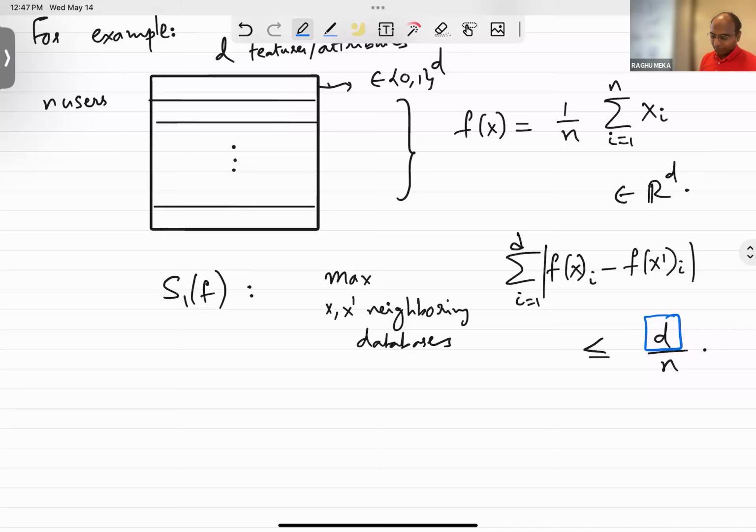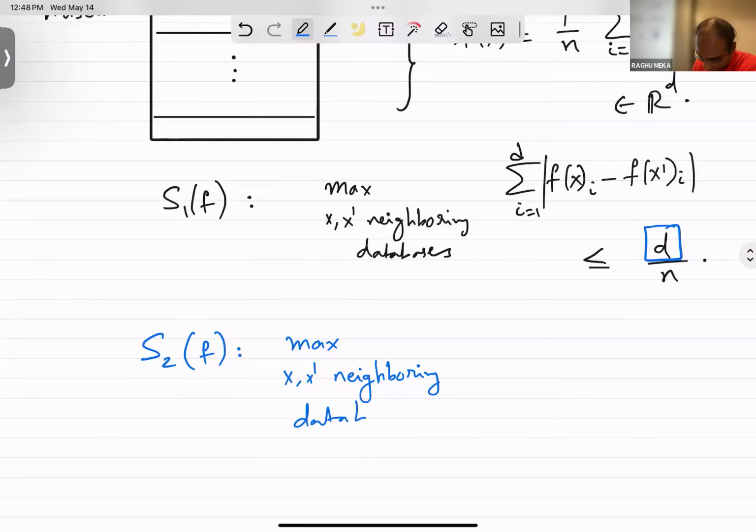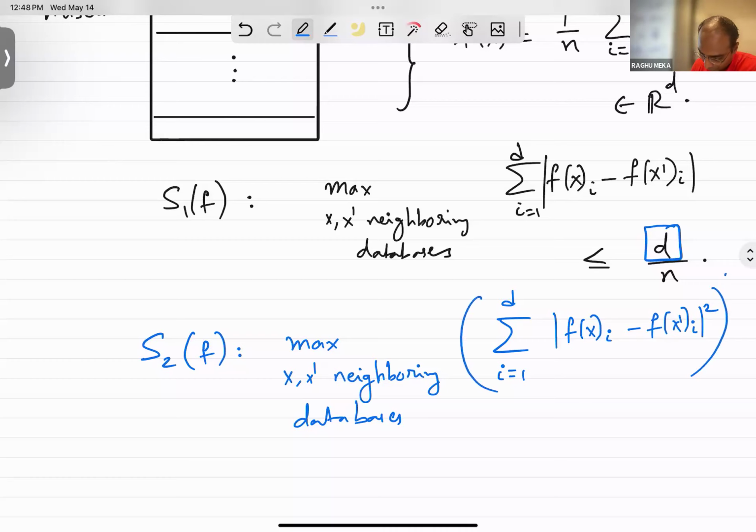On the other hand, the L2 sensitivity, how much is this?